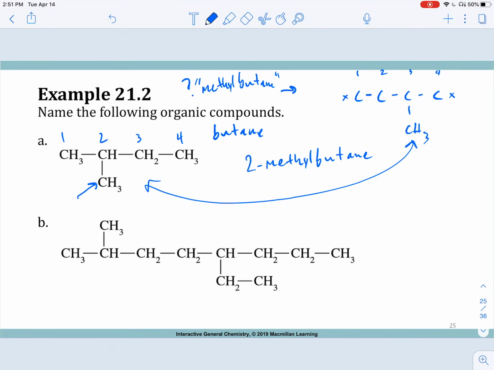You could just turn this one and flip it over, and it becomes this compound over here. It's the same molecule. So I actually don't need to tell you that it's 2. I can put this here or here, and it's the same molecule. But to be consistent, I'd rather just put the 2 here and call this 2-methylbutane.